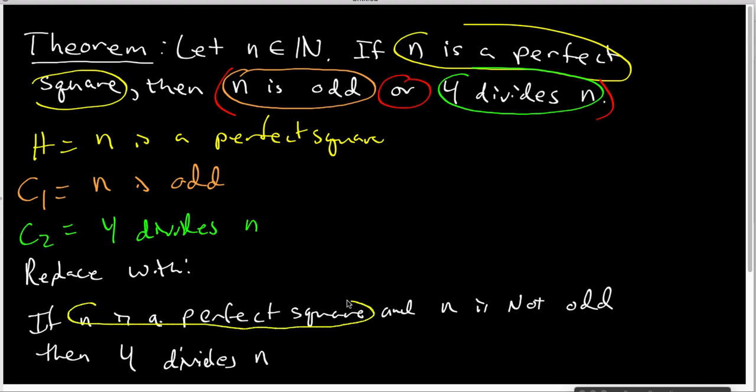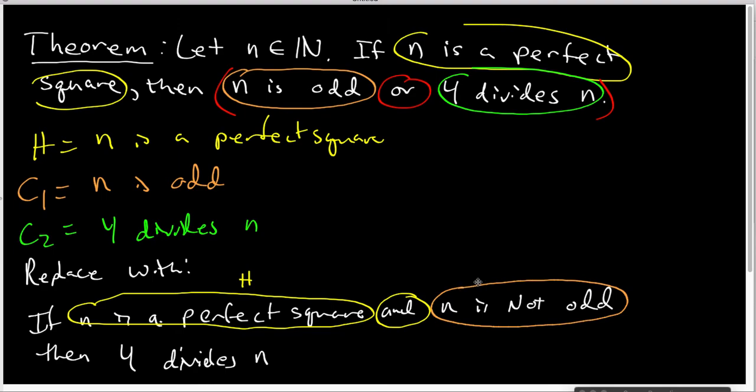There is our original hypothesis. Here is the word and. And here is the negation of the first conclusion. So this is my new hypothesis, and here is the second conclusion.